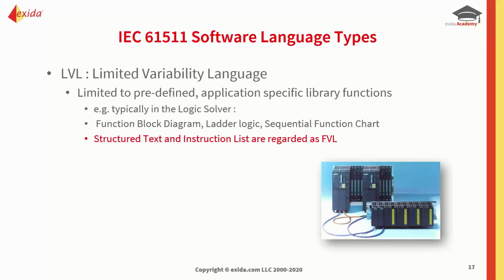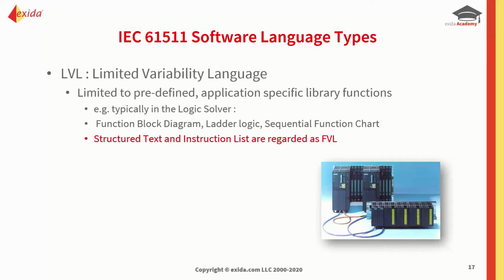And some of you may be familiar with the IEC 61131, the 5 standard programming languages for PLCs. This is where it specifies function block diagram, ladder logic, sequential function chart, structured text, and instruction list.